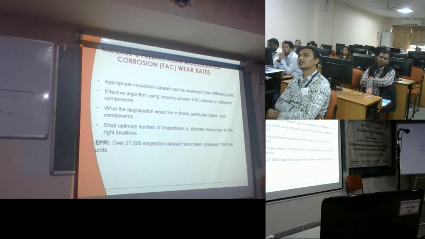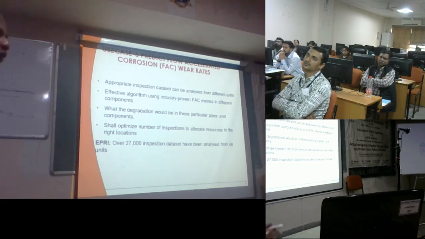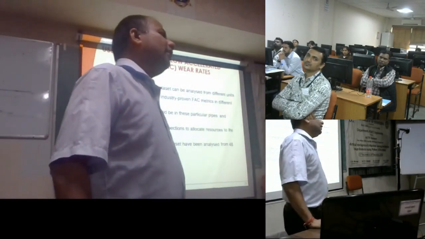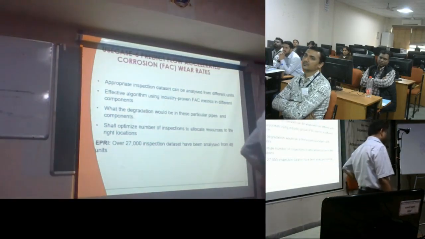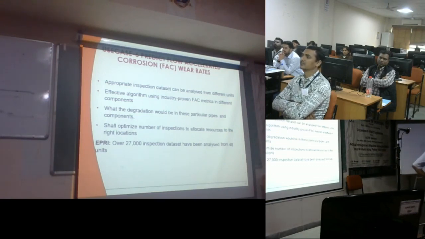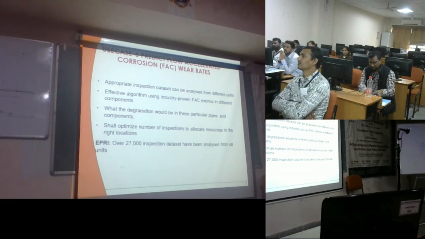Now the next one is flow accelerated corrosion wear rate. As I said, there are a lot of mechanical components, and in them a lot of fluid keeps on flowing. Although we maintain the pH value of those fluids to ensure that the metal should not corrode, it still gets corroded. It is hard to maintain the absolute pH value, and even if you are able to, there are so many other factors.